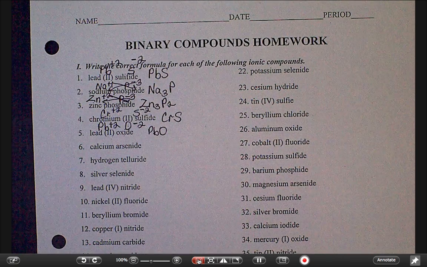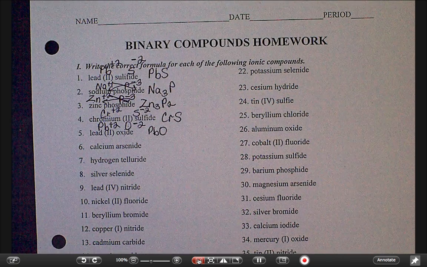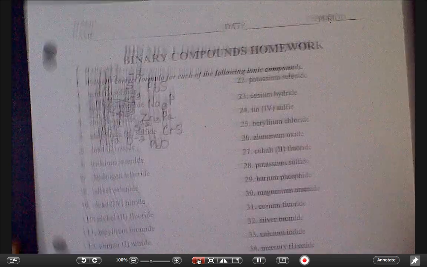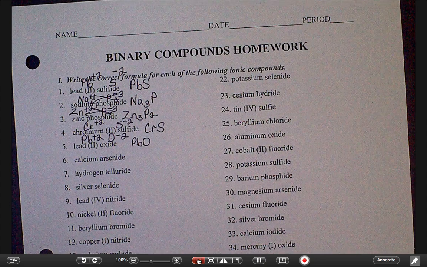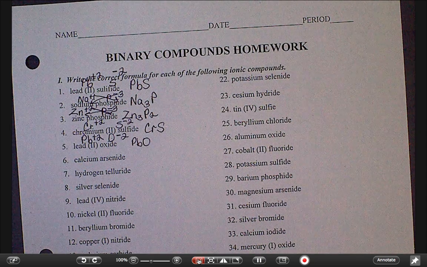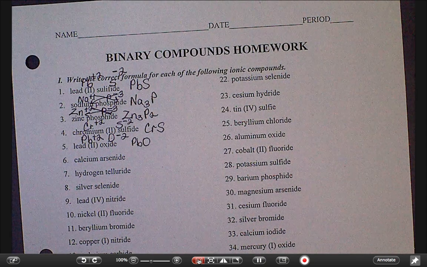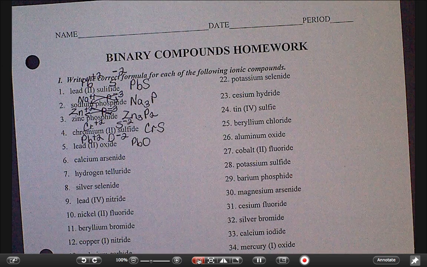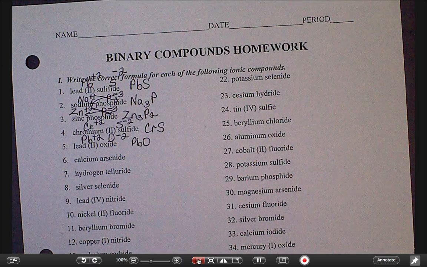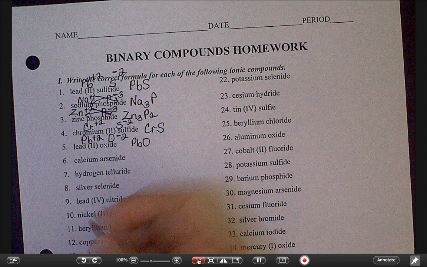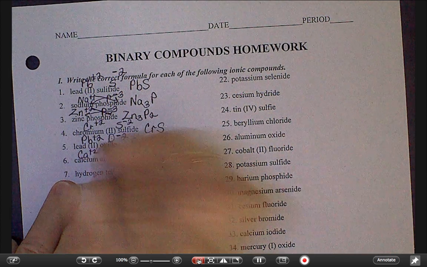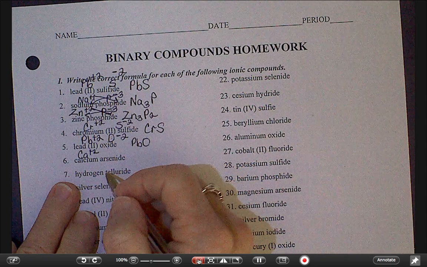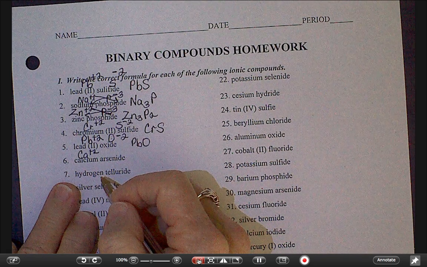Okay, I think I have you rolling well enough. We do number 6 actually. Number 6. It's using a metalloid. Calcium's what? +2. Okay, go find As. It's like nitrogen and phosphorus.